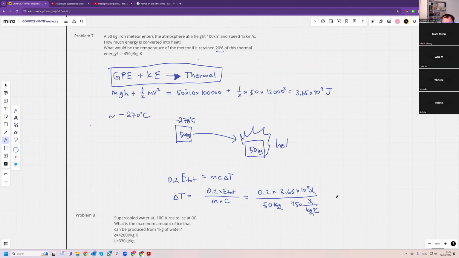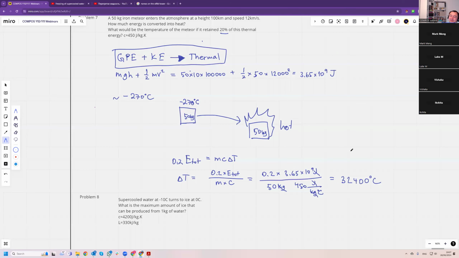So it's going to be something really big, times 0.2 divided by 50 divided by 450, which is 32,400 degrees Celsius. And I don't think the starting temperature actually matters.